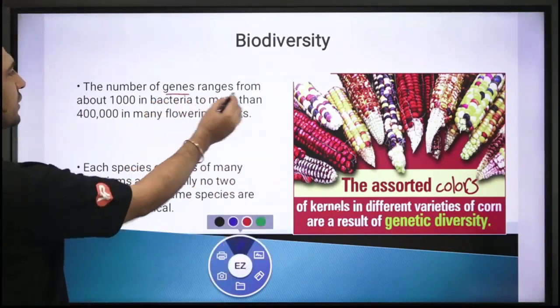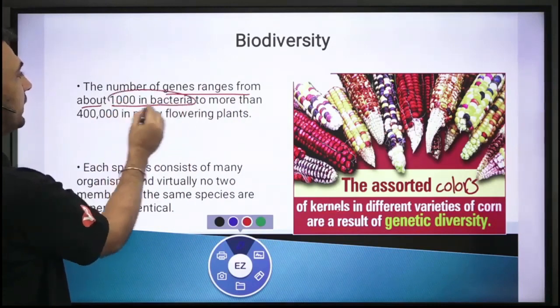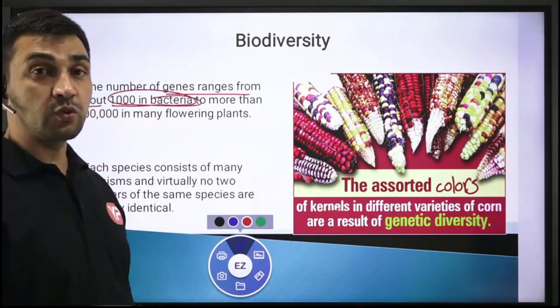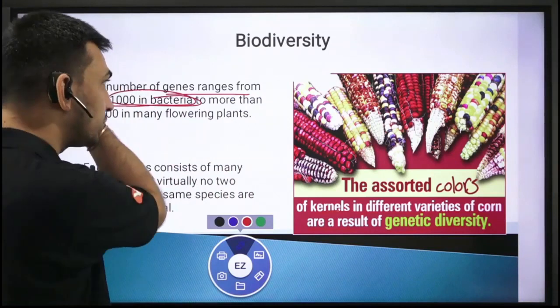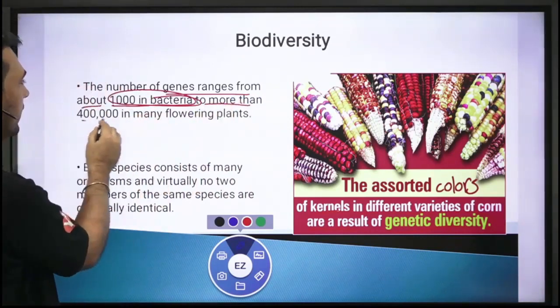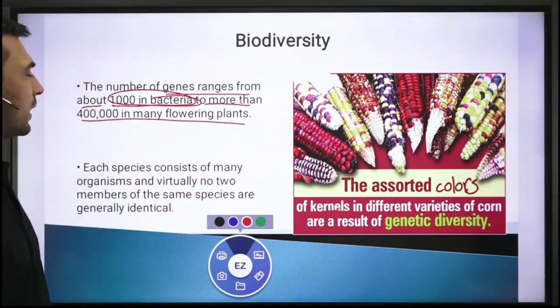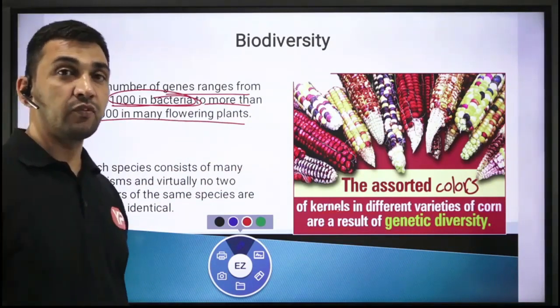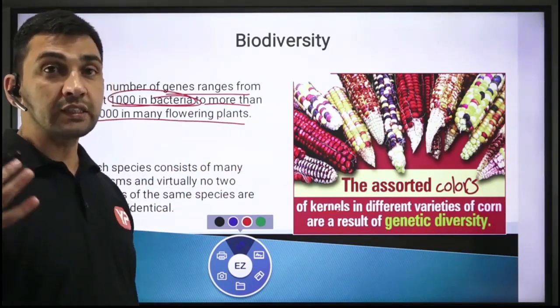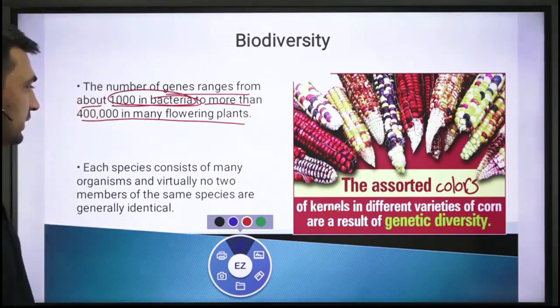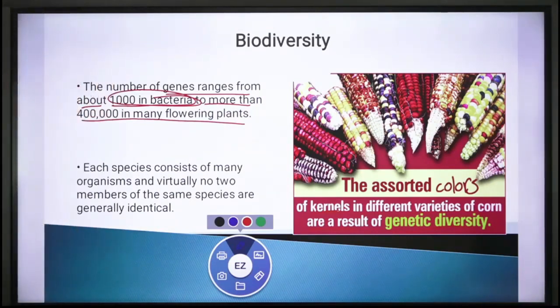The number of genes ranges from about 1000 in a bacterium. Take any bacterium, it could have around 1000 different kinds of genes, to more than 400,000 in many flowering plants. 4 lakh, meaning in a particular flower you could find even 4 lakh different kinds of genes. Such is the variety that you can find in the genetic material.